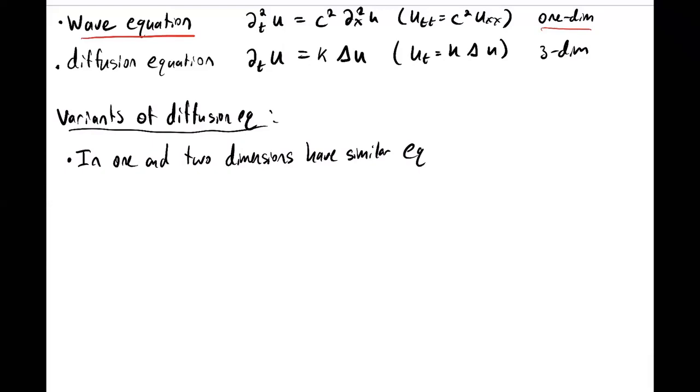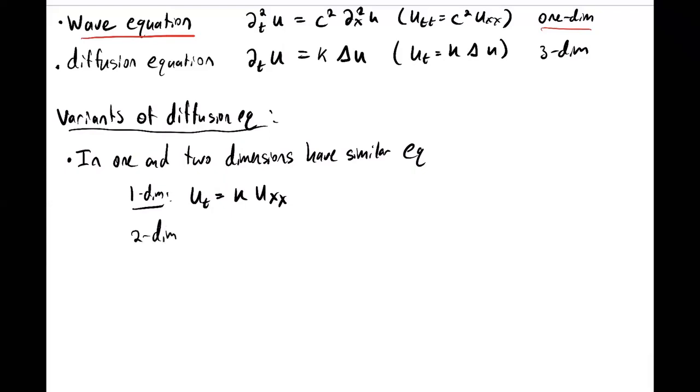In 1 dimension, what does the equation look like? It's going to look very similar to the wave equation, except you just have a first order derivative. So it's the derivative with respect to t of u equal to some constant k times the second derivative of u with respect to x.